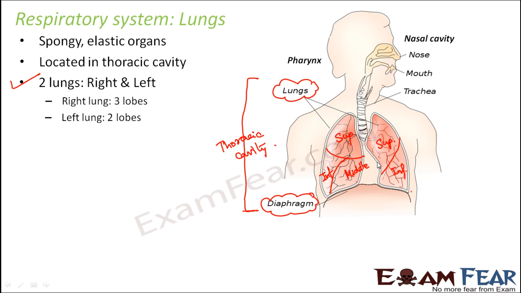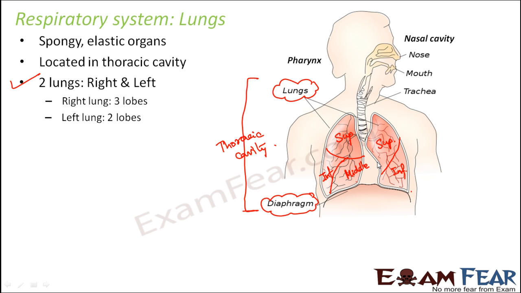That is a difference between the two lungs. Both lungs are not exactly identical. Function wise, they do the same job, but in internal structure and arrangement they are not identical.